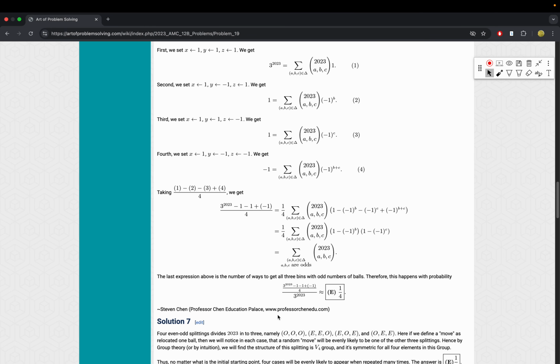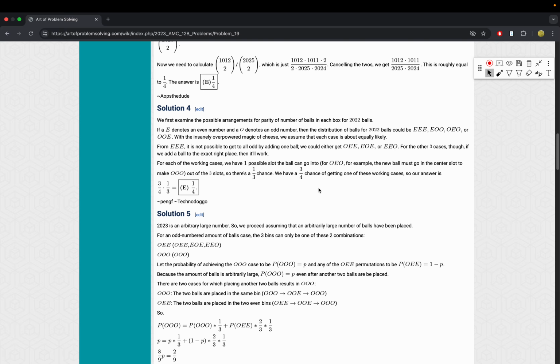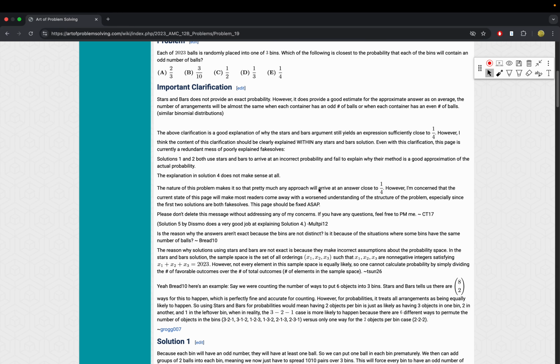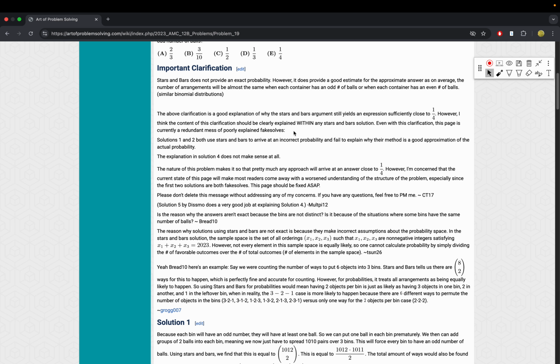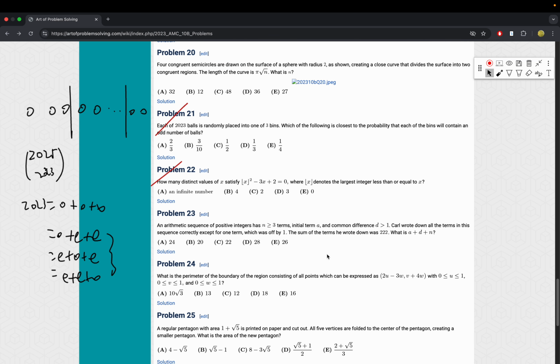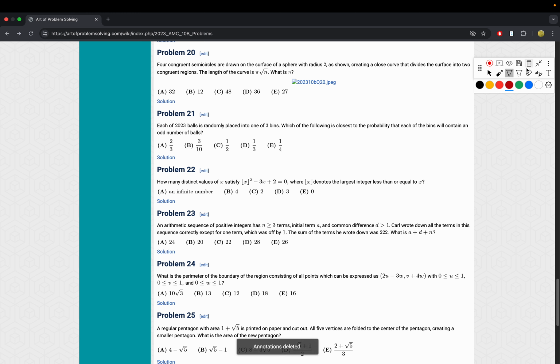I got it wrong because I misunderstood the problem. But I think solution number 7, which was the same solution that I have, is the best one. It was the shortest.